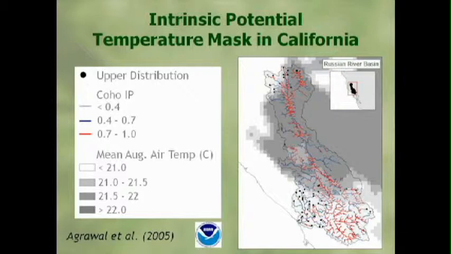When the model for coho salmon that had been developed in the Oregon coastal province was applied in California, it was clear that there were some areas that we were modeling as having a high intrinsic potential where the fish never occurred historically due to naturally high water temperatures. So in an effort to evaluate this, the upper known distribution of coho salmon was mapped relative to mean August air temperature. As you can see here for the Russian River Basin in California, where mean August air temperatures exceeded 21.5 degrees C, coho salmon did not use these areas.